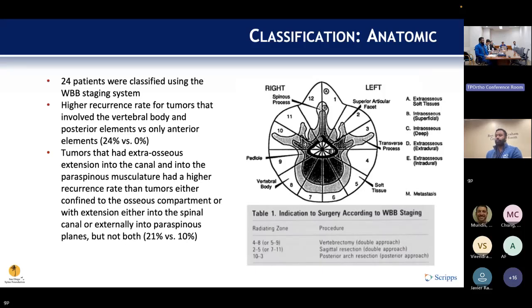The original paper had 24 patients, and they used this system to classify the patients retrospectively, and they showed that patients had a higher rate of recurrence if they had multiple sites of involvement, and also a higher rate of recurrence if they had multiple tissue layers of involvement that otherwise wouldn't have been captured by these older scoring systems. So, the more specific you can be about the tumor location and what exactly it's doing, I think you can more accurately predict your treatment.